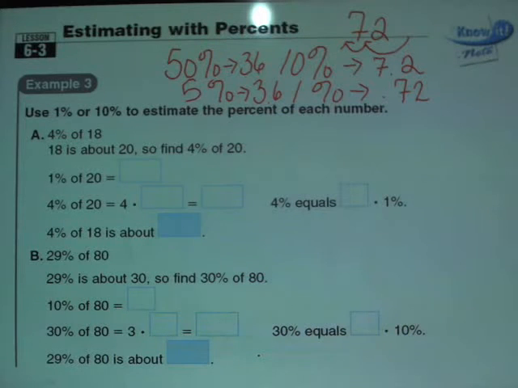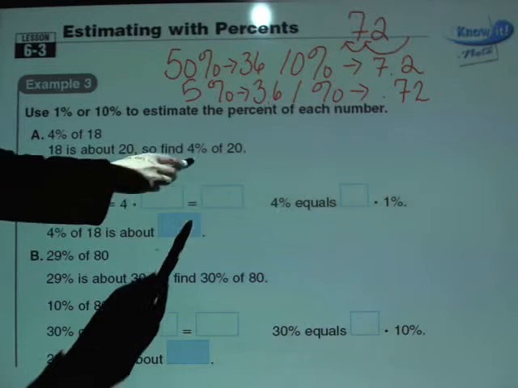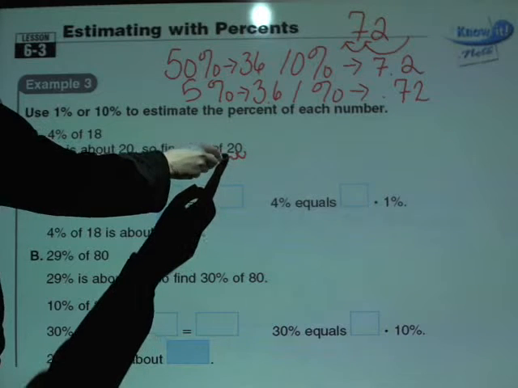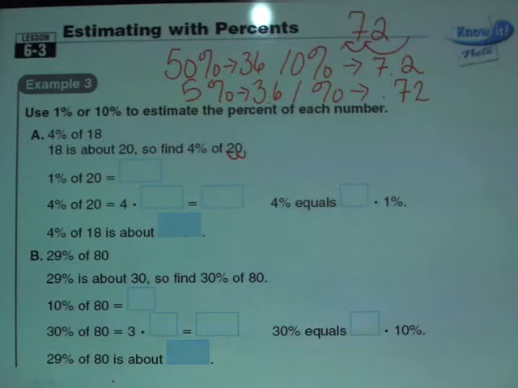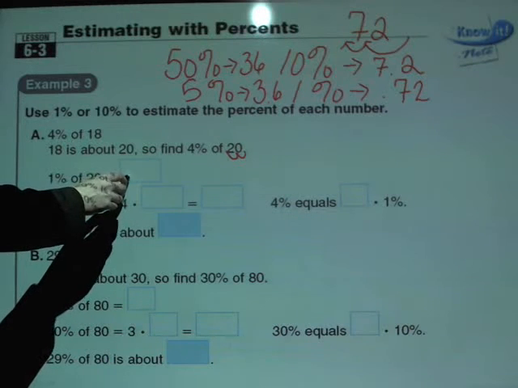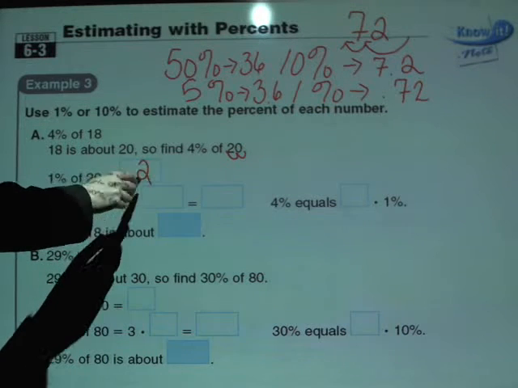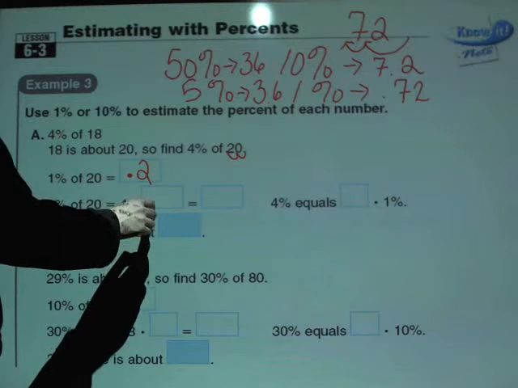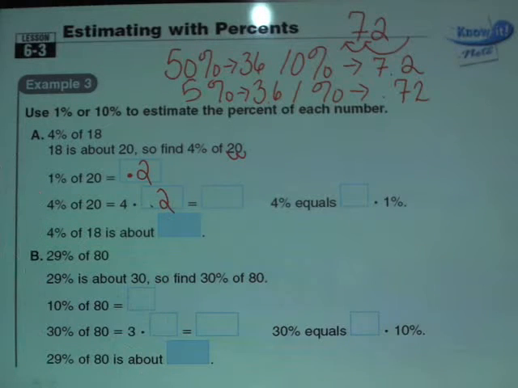So 10% again would move the decimal in 1 time. So that's going to change this 20 into 2. 1% would then move it in the next time. So that would give me 0.2. So 1% of 20 is 0.2. So when we're finding 4% of 20, I've got 4 0.2s here, or 4 times 0.2 if you want to think of it that way.